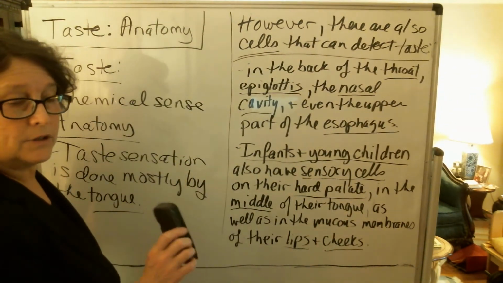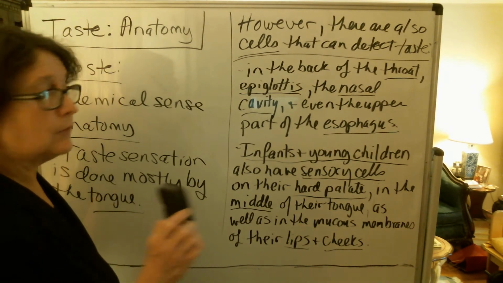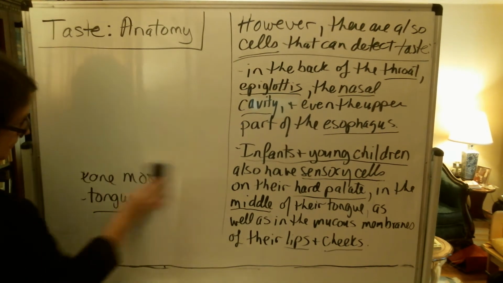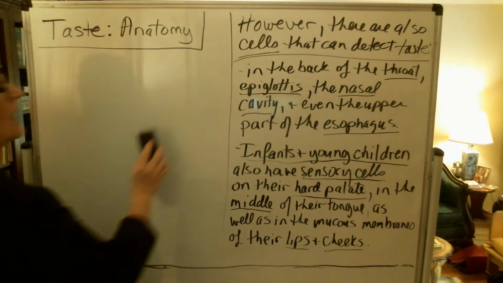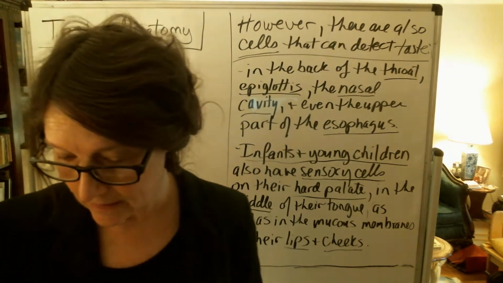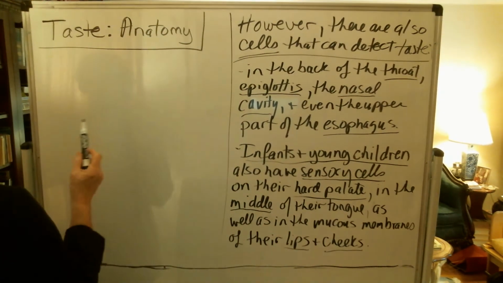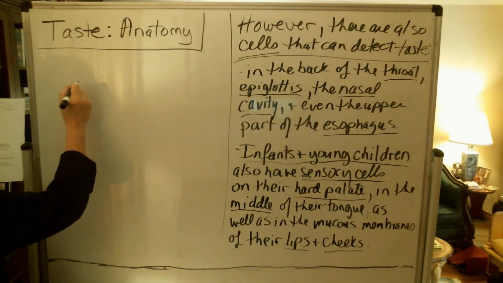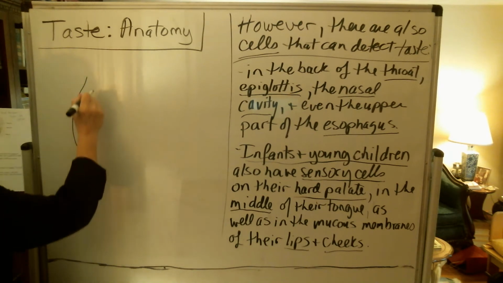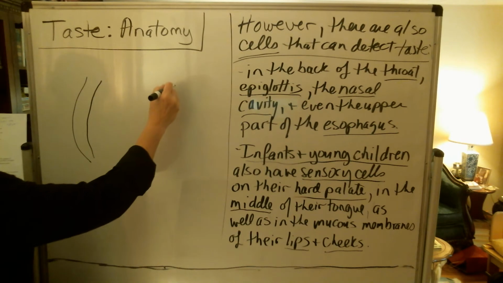So now I'm going to talk about our usual anatomical part for taste, called the taste bud. I'm going to be drawing you a picture as well as telling you about it. So here we go. I'm drawing you a bunch of cells here that are described as sensory cells.